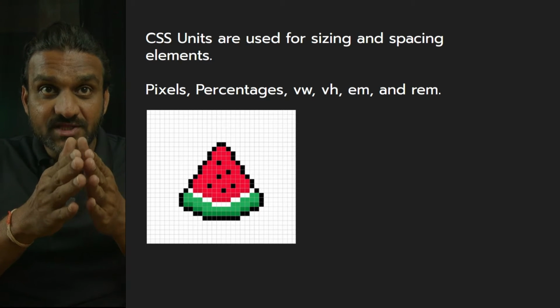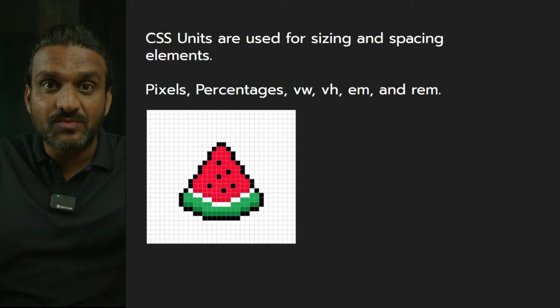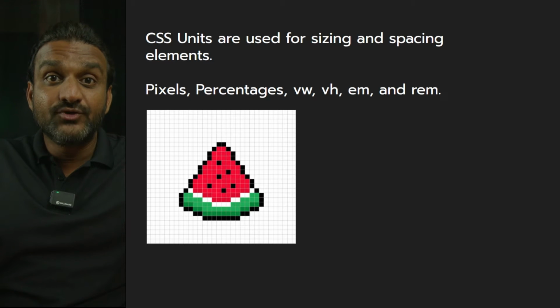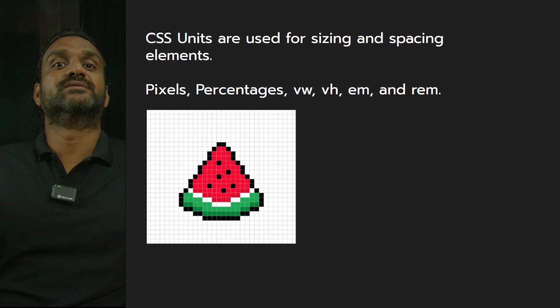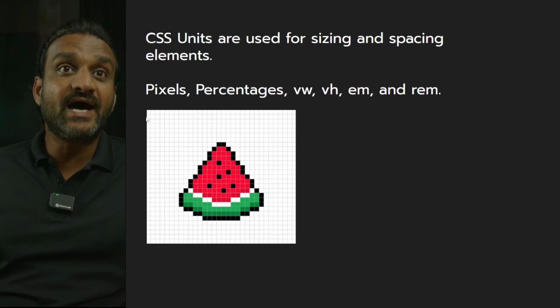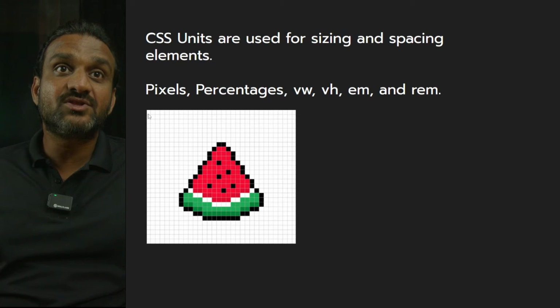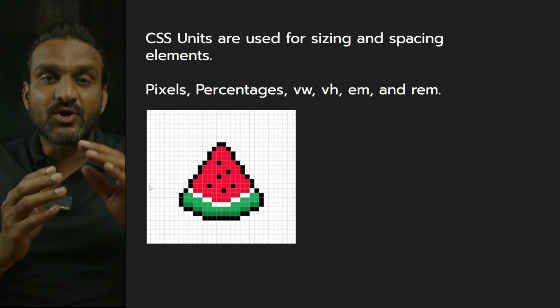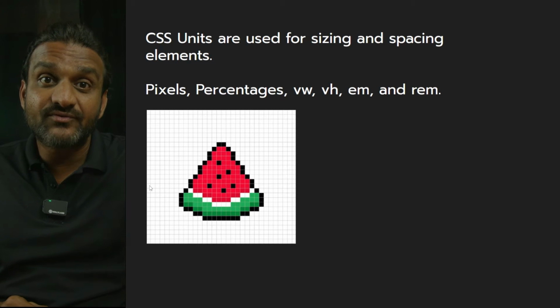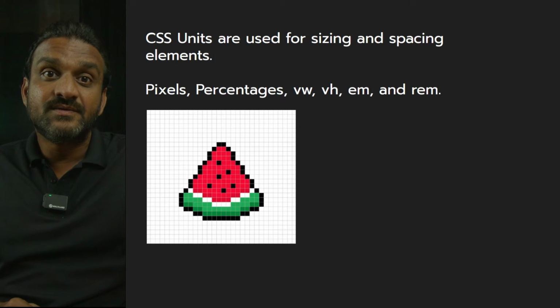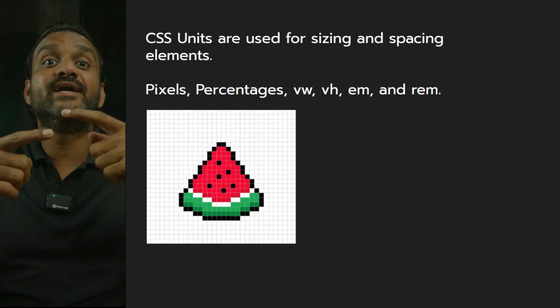For example, if there are 1000 pixels, 1000 small boxes, then the viewport width is 1000 pixels. Similarly for the height, if there are 1000 boxes, that is the height of your screen.